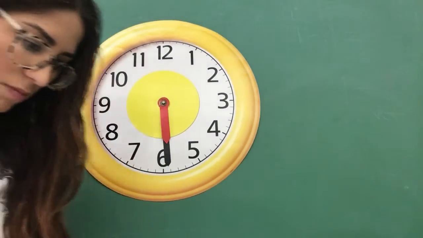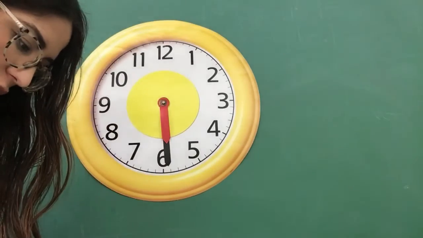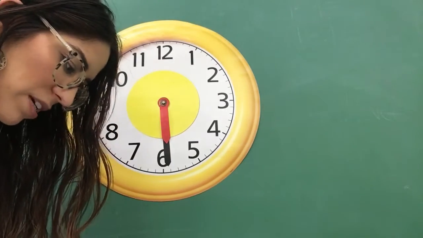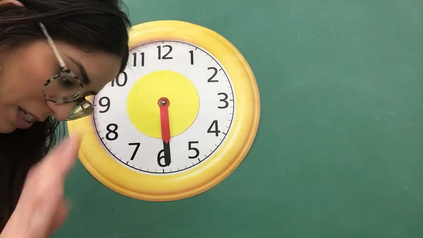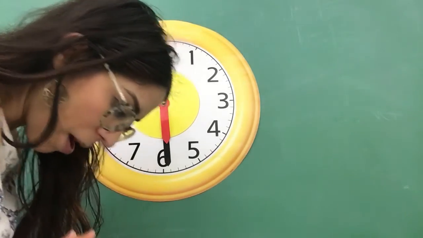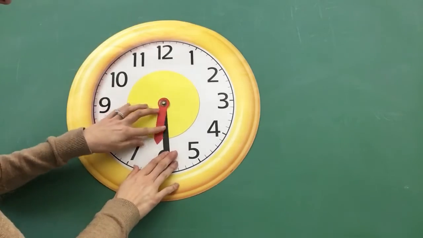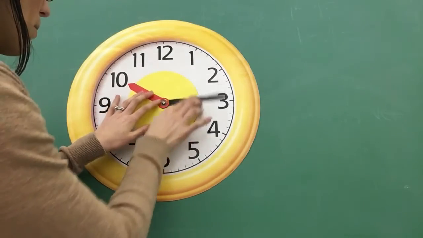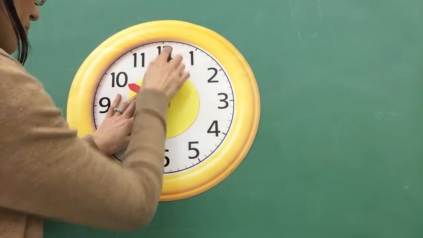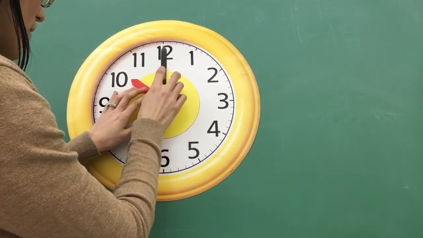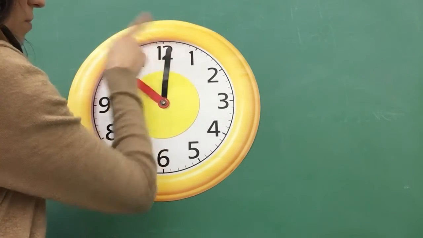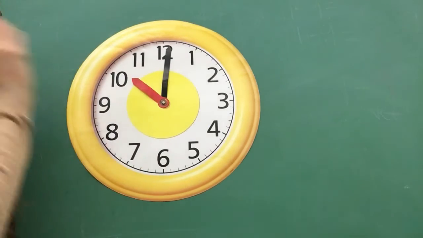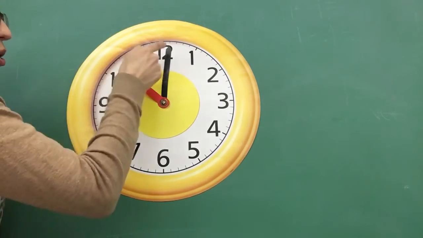So we're going to show some times on this clock, okay? We're going to try our best to do this. Right now I'm going to put this here, and then I'm going to put it right here. So we have the 10, and then it's a little bit past, 1 past. So right now we see that it's 10:01.